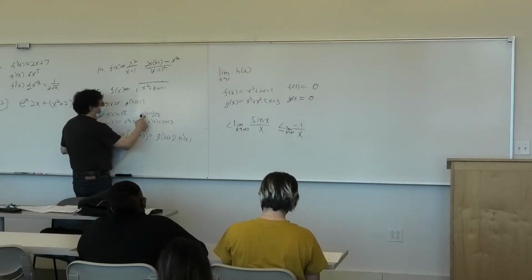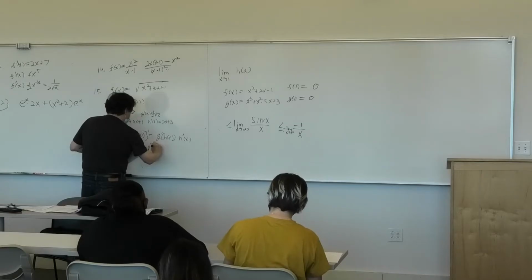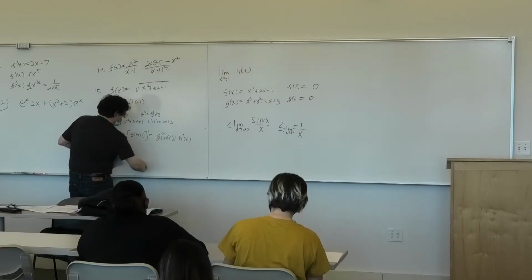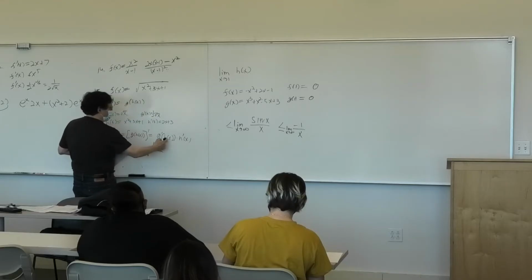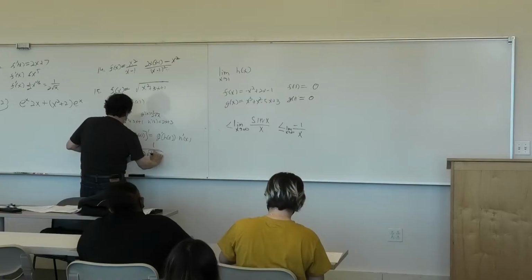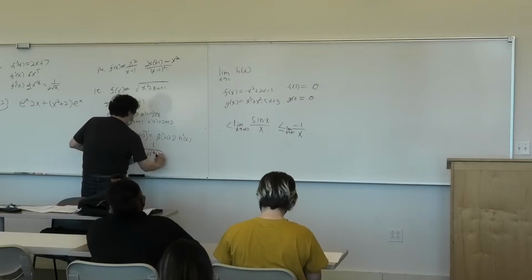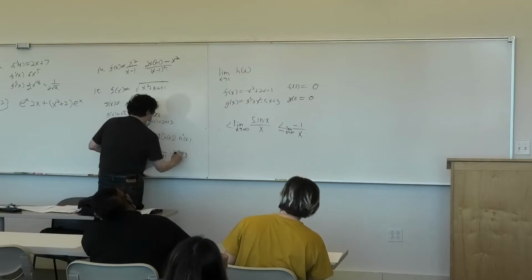Well, g prime is 1 over 2 square root of x, but at h of x, which is x squared plus 3x plus 1, times derivative of h of x, 2x plus 3.